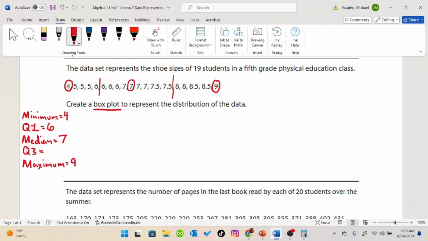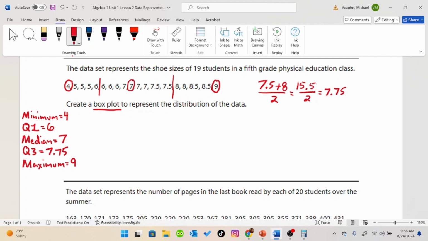So we need the number that is halfway between 7.5 and 8. So if we add them together and divide by 2, we get 15.5 divided by 2, which is 7.75. So our Q3 is 7.75.